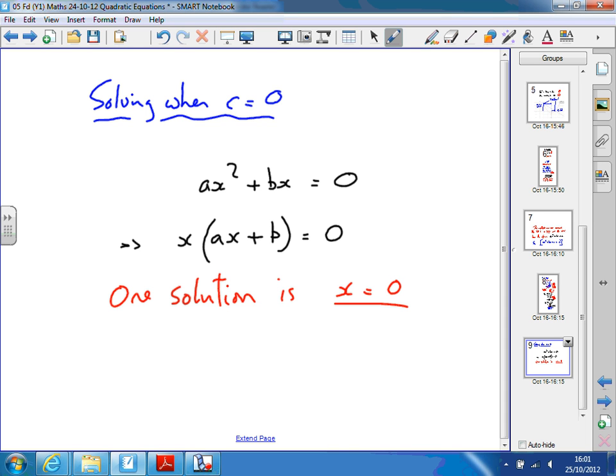And in the case where there's no constant, where there's no c, one solution is always 0. The reason for that is because c turns out to be the intercept of that curve with the y-axis, the quadratic curve. So if c is 0, it cuts at the origin. In other words, x is 0 is one of the solutions.